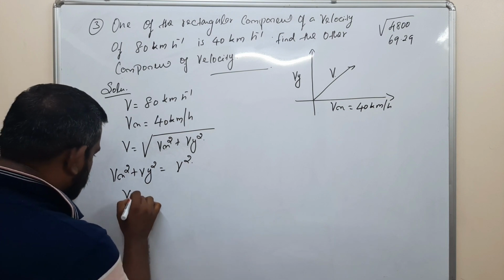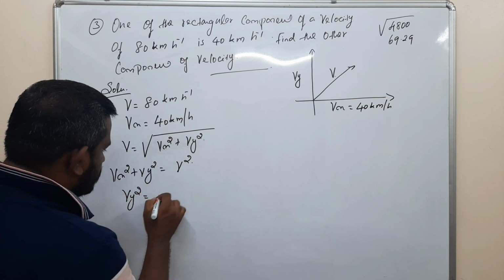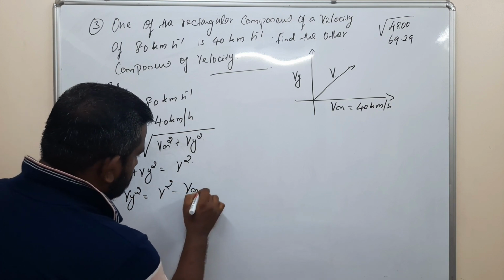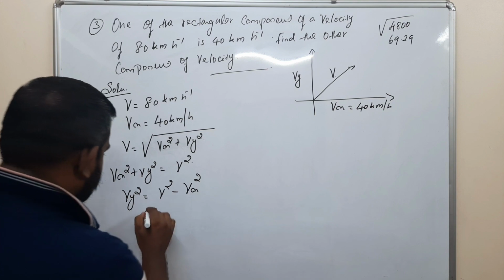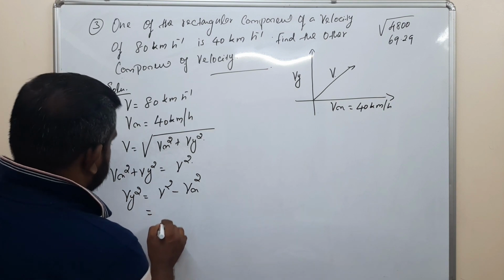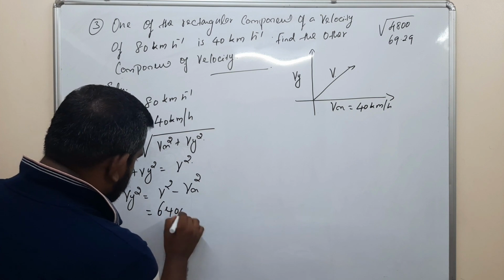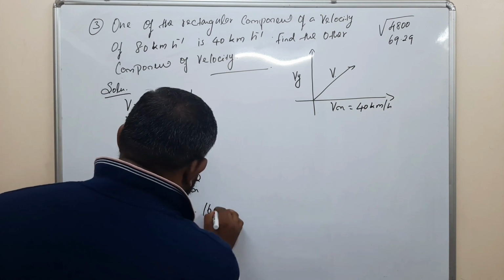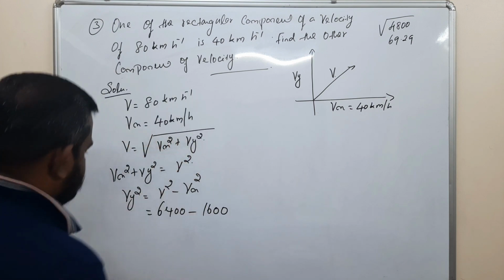Vy square is equal to V square minus Vx square. What is V square? 8 8s are 64, so 6400, minus 4 4s are 16, so 1600.